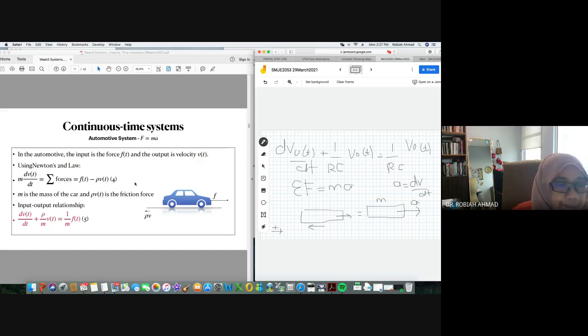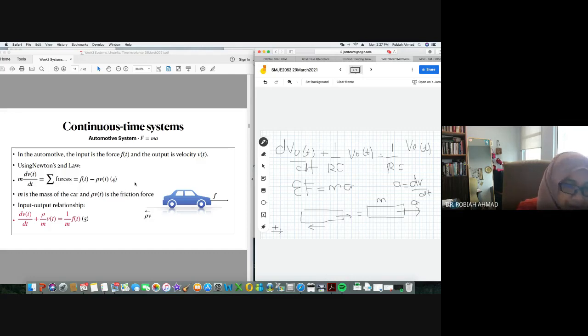Just like previously, we put that equation into an input and output relationship. Let's say the input is F and the output is the velocity.